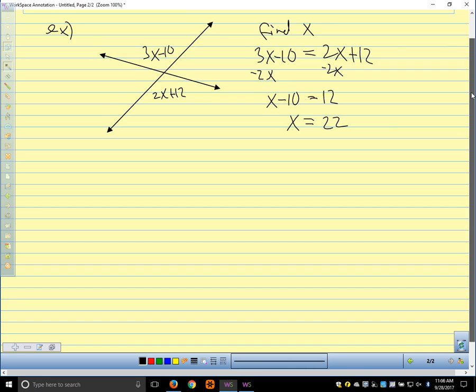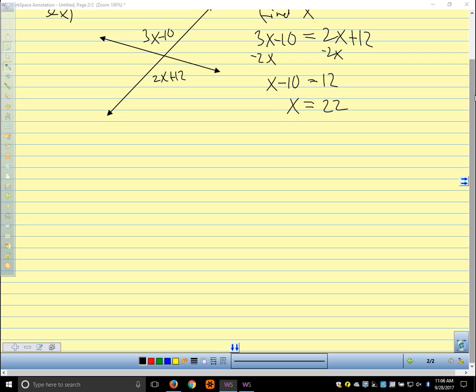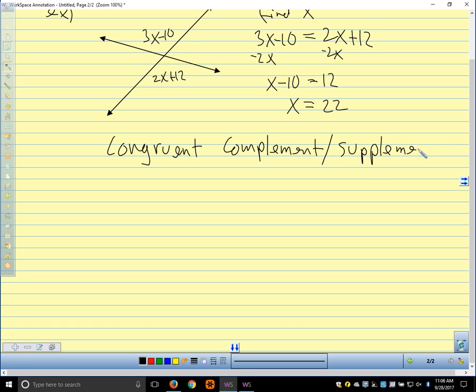All right, what I want to do next is we're going to talk about a couple of other theorems that are very similar to the first theorem that we talked about, that have to do with congruent angles. So the first one, the congruent complement slash supplement theorem.